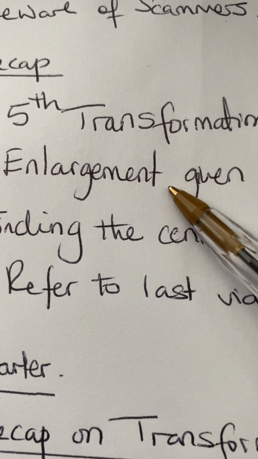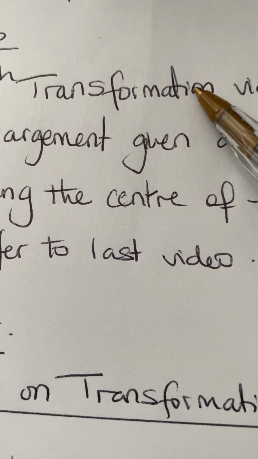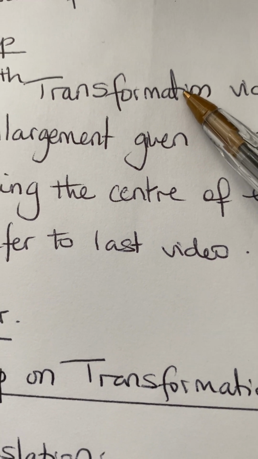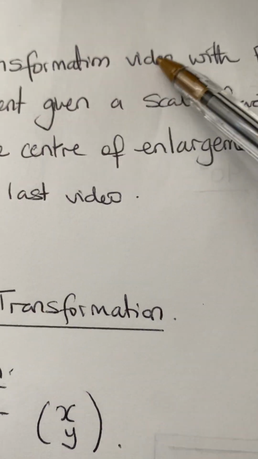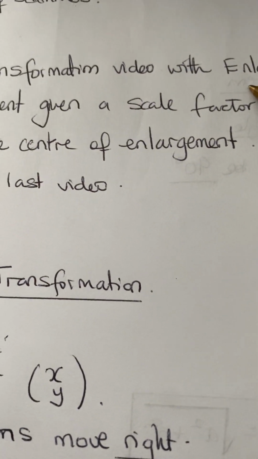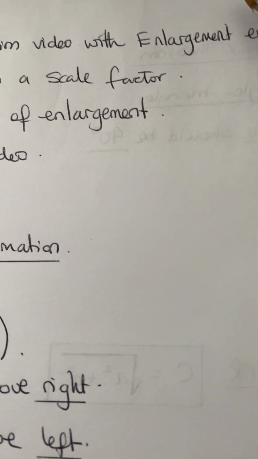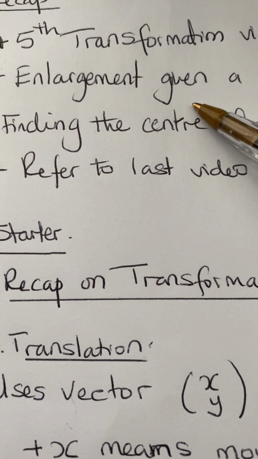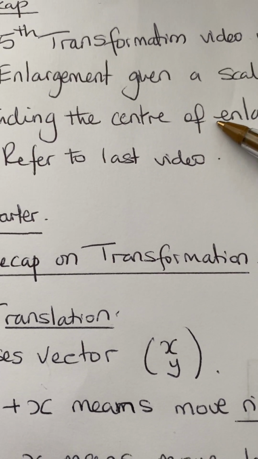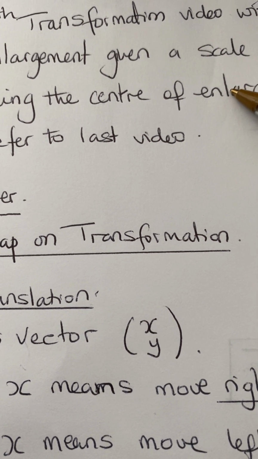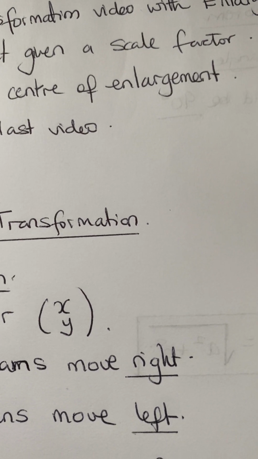Recap. We've been looking at transformation as a very big topic. So far we've done like 5 videos on it. We did the last lesson with enlargement, giving a scale factor, and I did an illustration about how to find the center of enlargement.